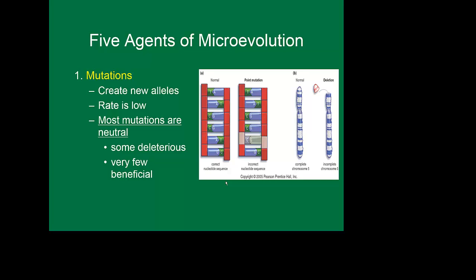So a mutation can be anything, right? It can be random, and it often is. So when we look at mutations, they can be random just through DNA replication errors, or we can look at induced mutations, which means you've been exposed to something in your environment usually that causes mutations.